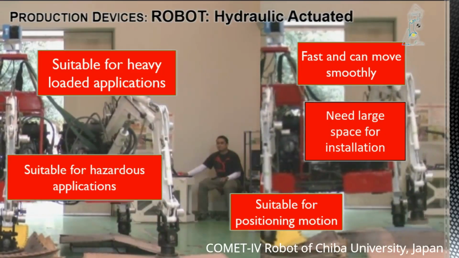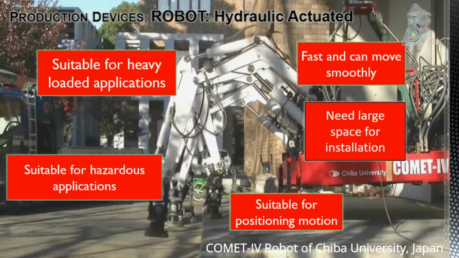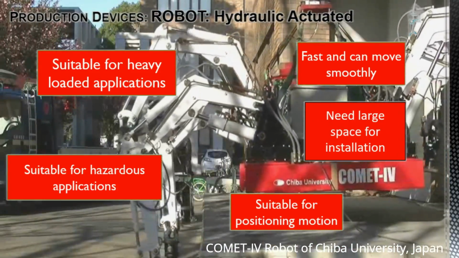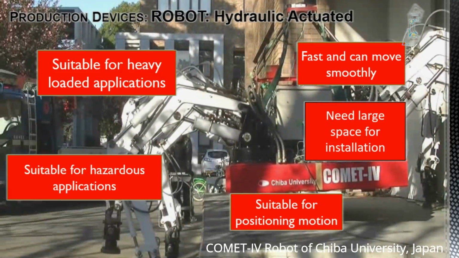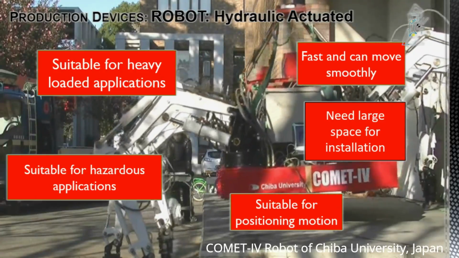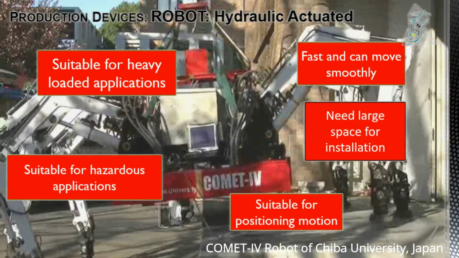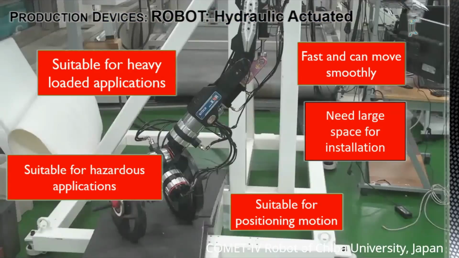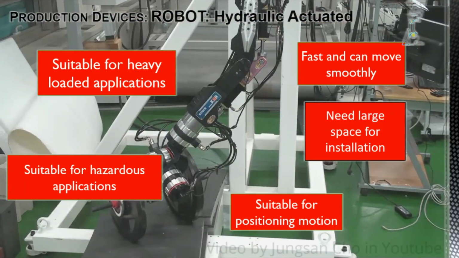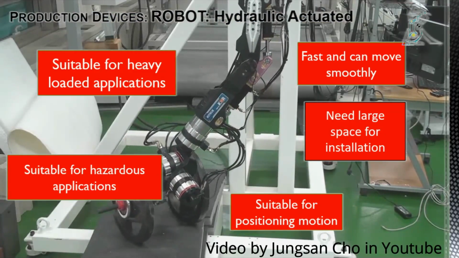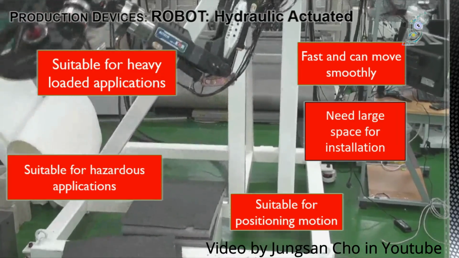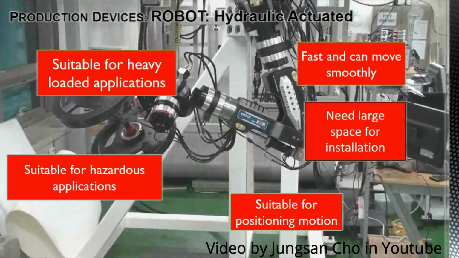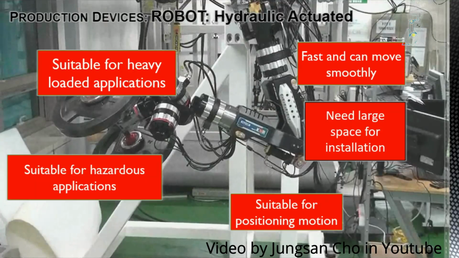This robot is also suitable for hazardous applications, with smoother motions compared to pneumatic systems, and it can provide good positioning motions in terms of control. But this kind of robot needs a very large installation space. It is for heavy duty operations with very high payloads.